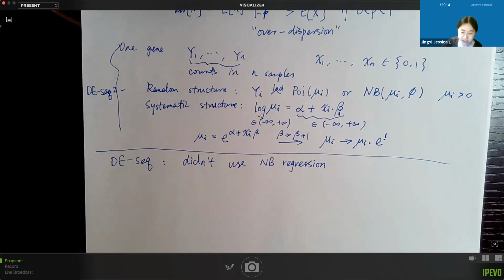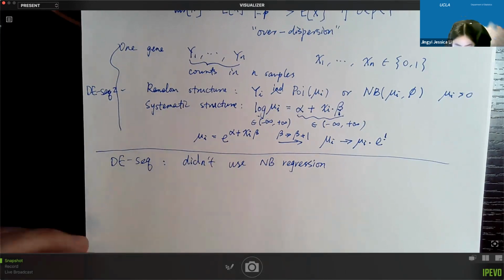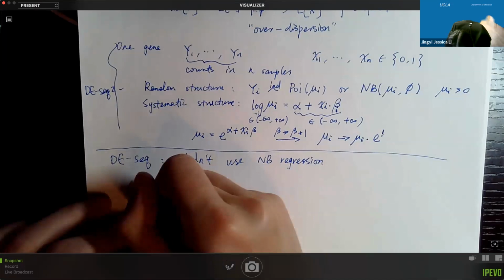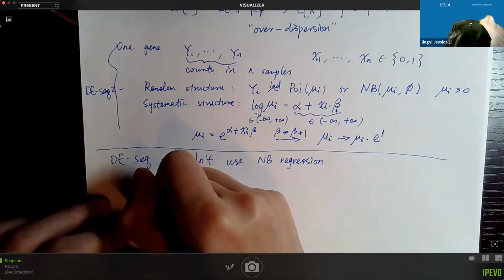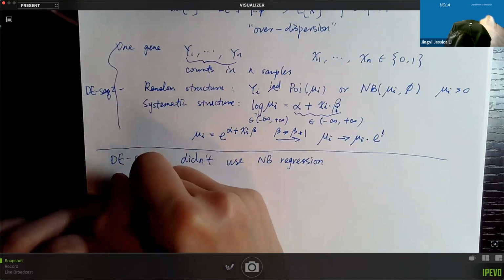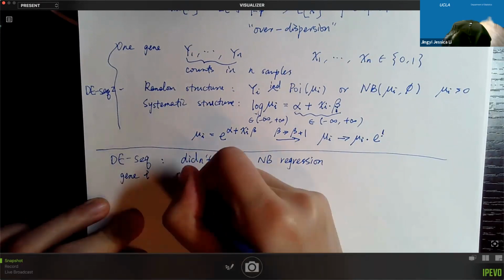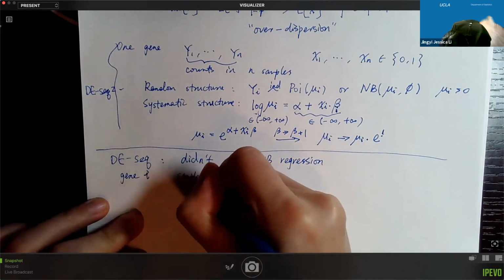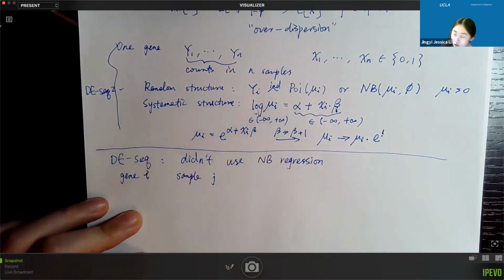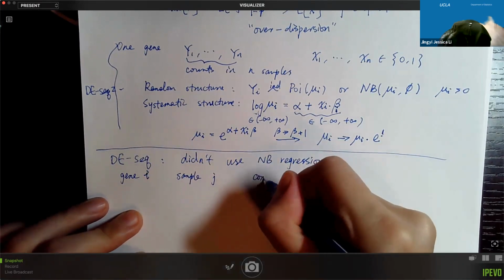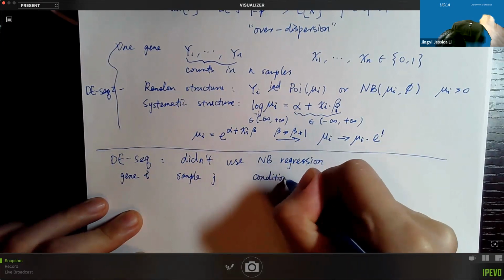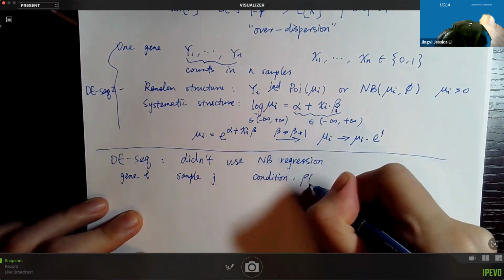Okay, so DESeq. In DESeq, the consideration is this. I'm going to use the notations in our notes. Basically we have i as the gene i, and we have sample j. And also we know the condition of sample j, which we call rho j.